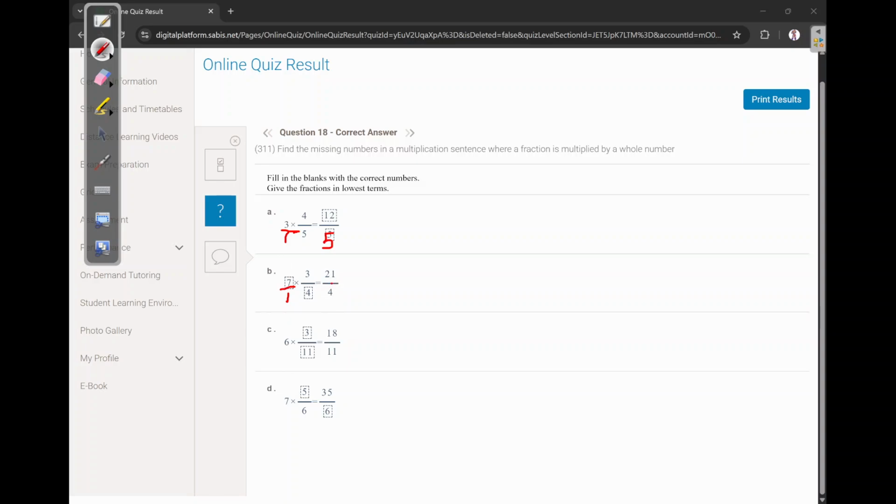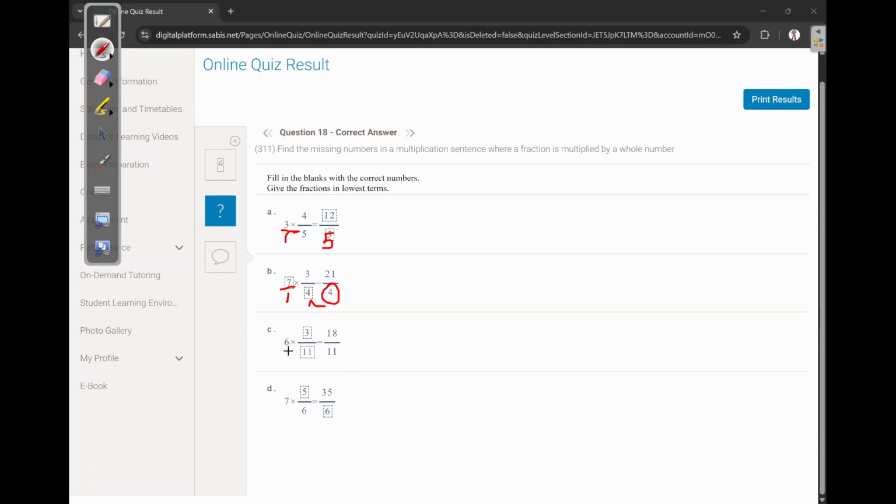Here they gave us the denominator, so we put the denominator here. 7 times 3 equals 21. 6 times 3 over 11 equals 18 over 11, because 6 times what equals 18? 6, 12, 18. So we times it by 3.